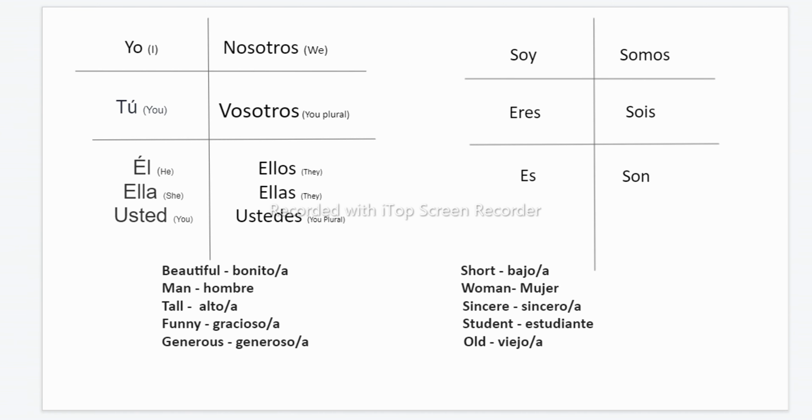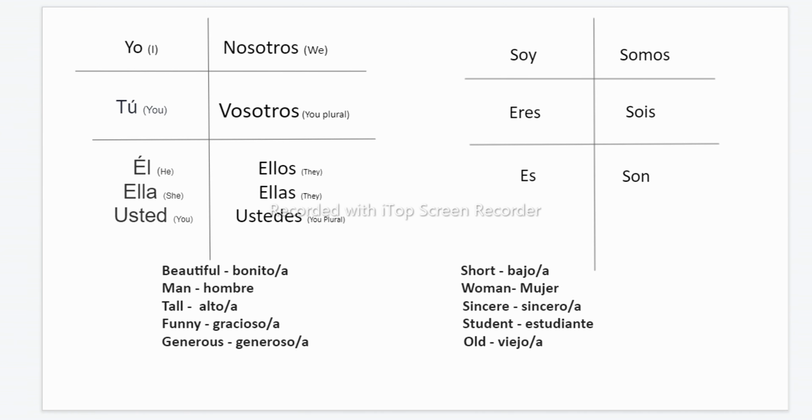So man is hombre, H is silent. Tall is alto, masculine, and for women, alta. Funny, gracioso for masculine, graciosa for feminine. Generous, generoso for masculine, generosa for feminine.